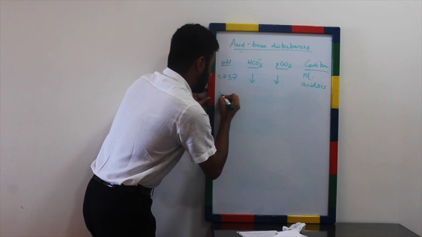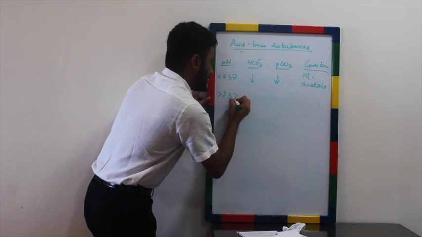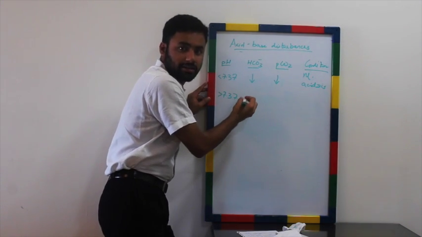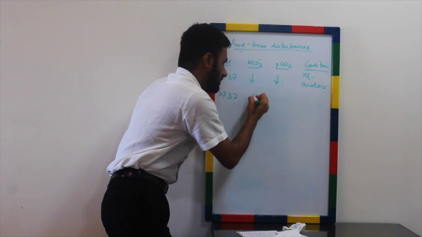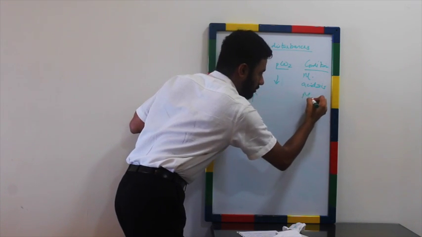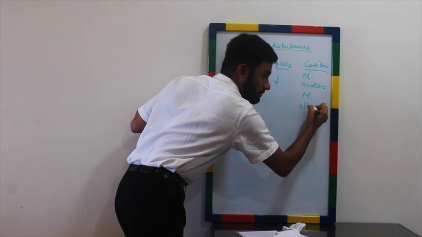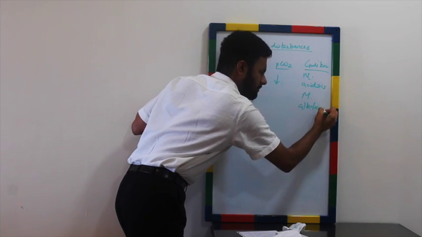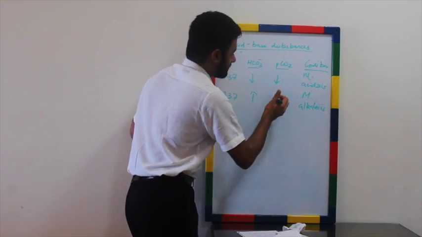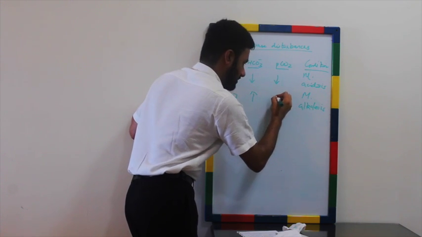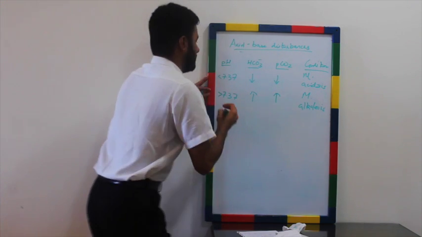Now let's say there is an increase in the pH, accompanied by an increase in plasma bicarbonate. The condition is called metabolic alkalosis. And the compensatory change is an increase in PCO2.